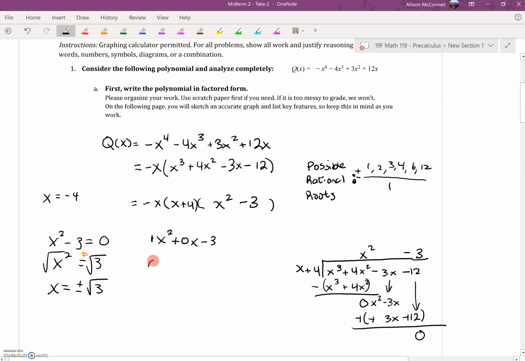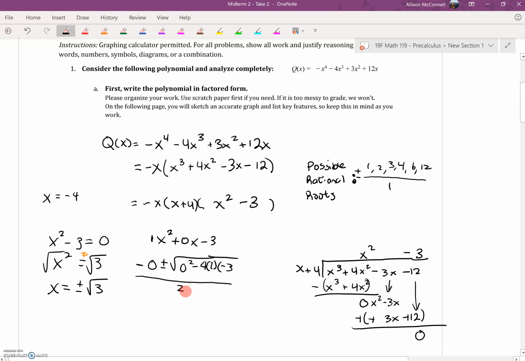So a lot of people didn't put 0 here. That's the negative b part. Negative b plus or minus the square root of b squared, 0 squared, minus 4 times a, which is 1, times c, which is negative 3.